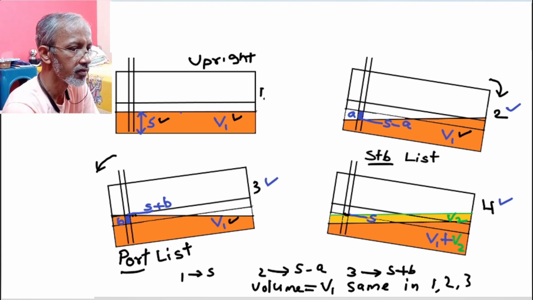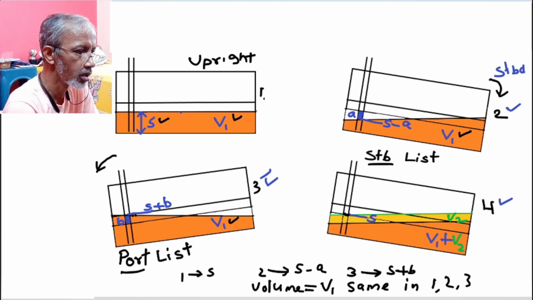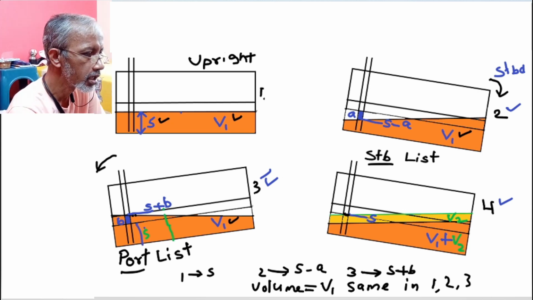In the condition of list to the starboard side, the sounding has decreased from S to S minus A. In number 3, as the ship is listing towards the port side, the sounding will now increase from S to S plus B, even if the volume is the same, that is V1.